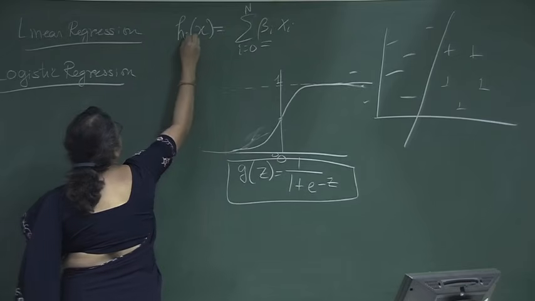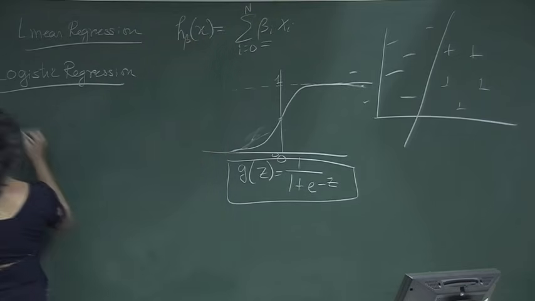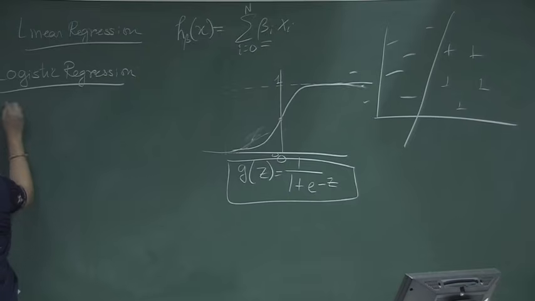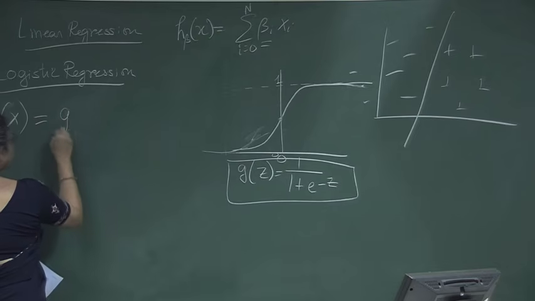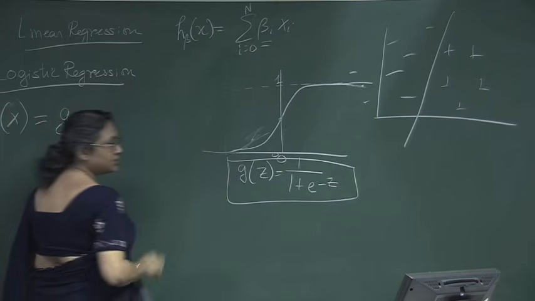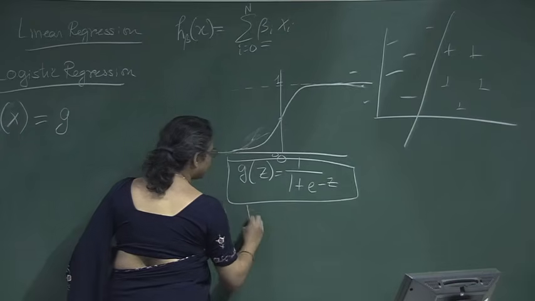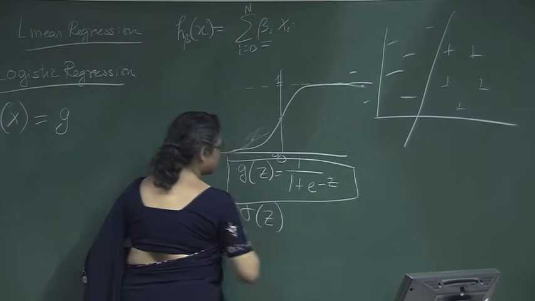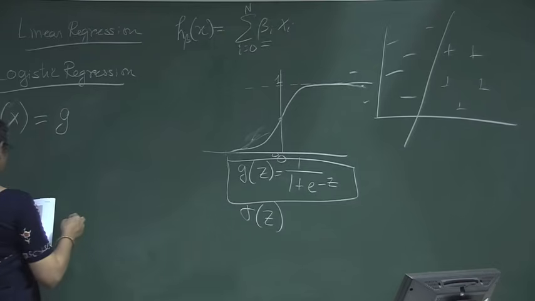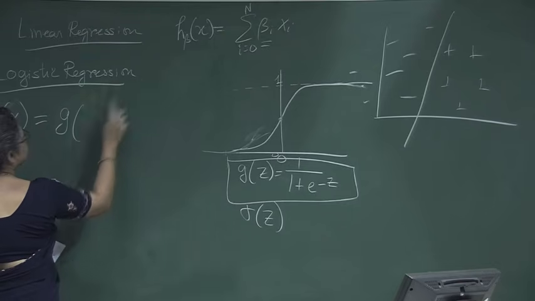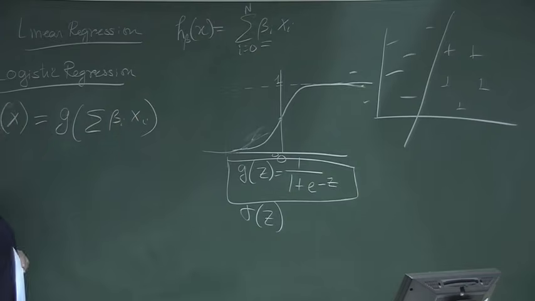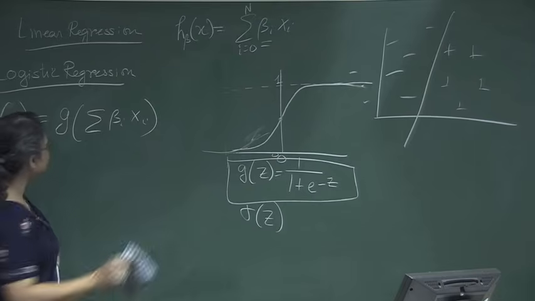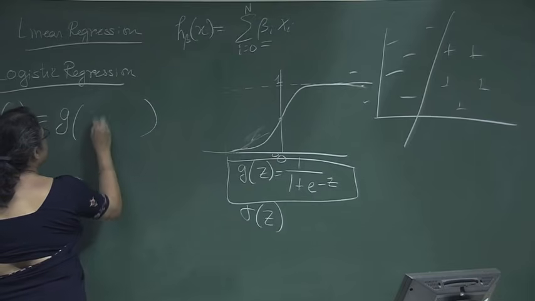Just like in regression we use a linear function, for classification using logistic regression we will apply this function g, also called the sigmoid function and referred to as sigma(z), to the sum of beta_i x_i. The sum of beta_i x_i can also be written as beta transpose x.